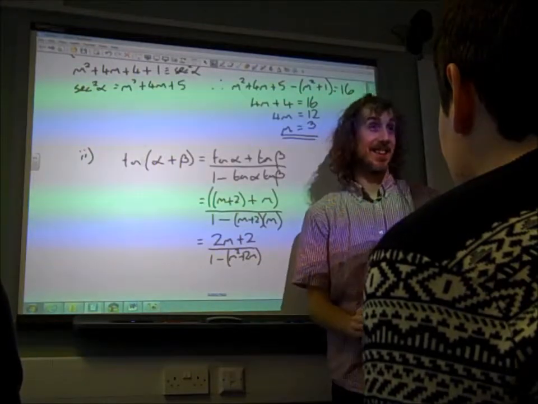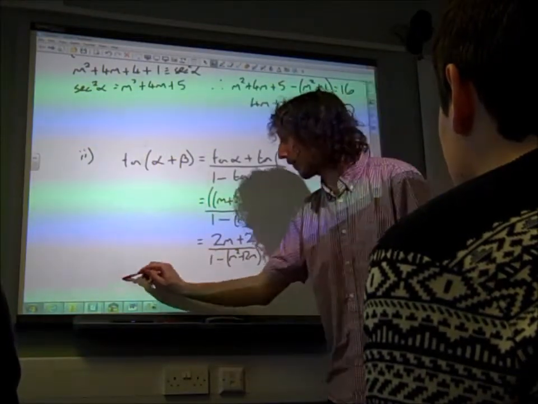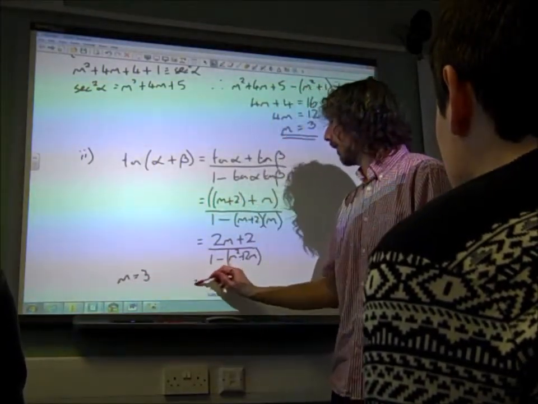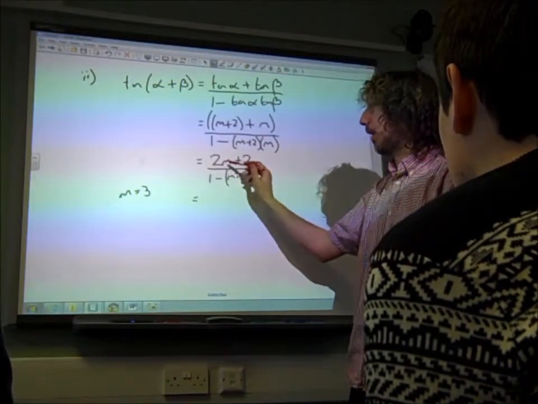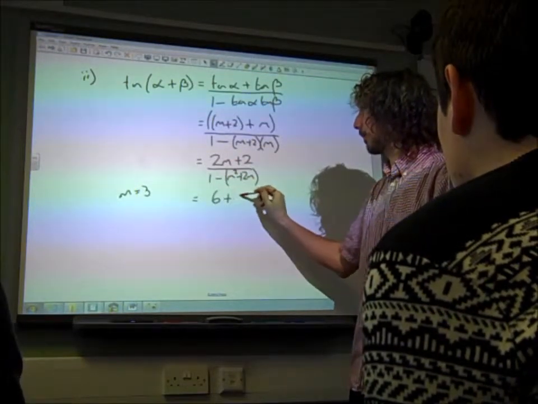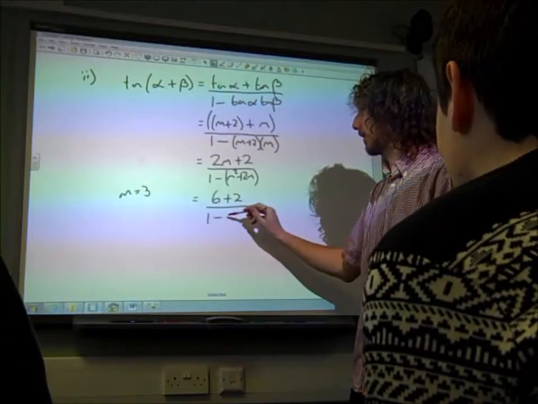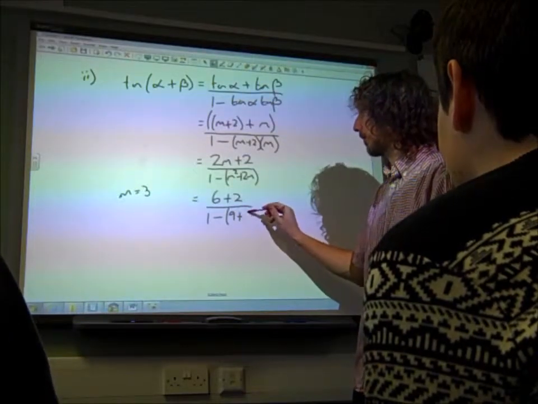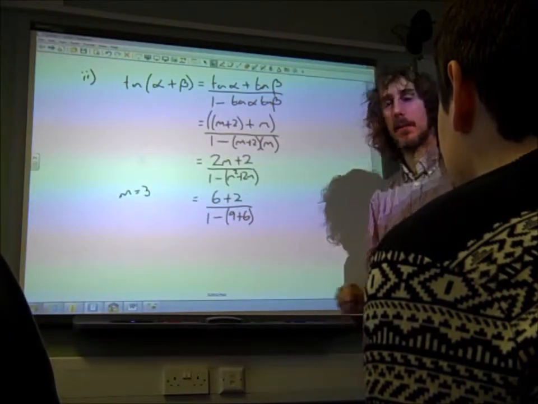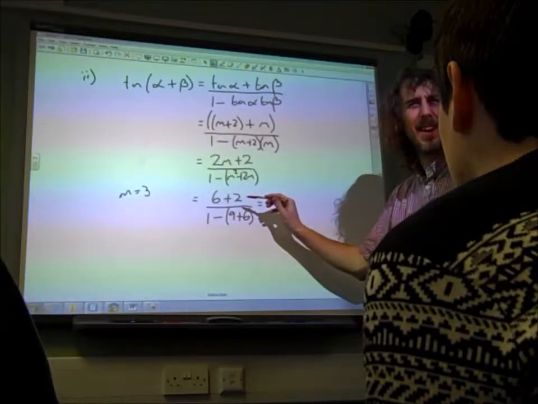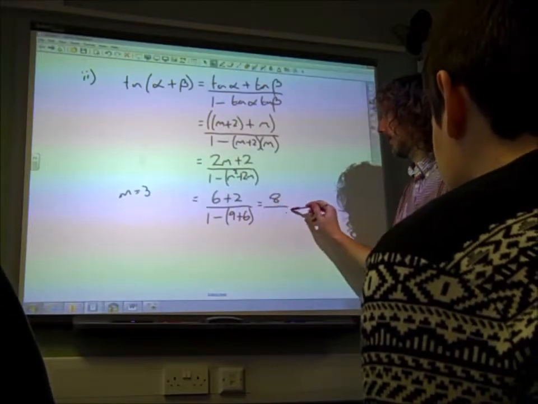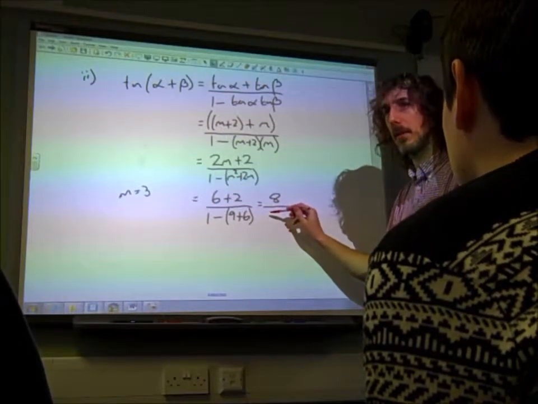We've got 1 minus m squared plus 2m, I'm sorry. M is 3, that's the key to all of this, isn't it? M equals 3, so therefore this is 6 plus 2, and here we've got 1 minus 9 plus 6, so 8 over minus 14.